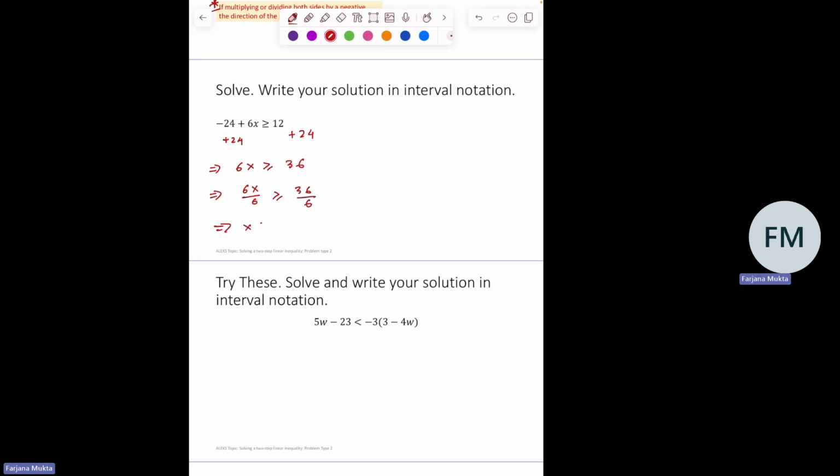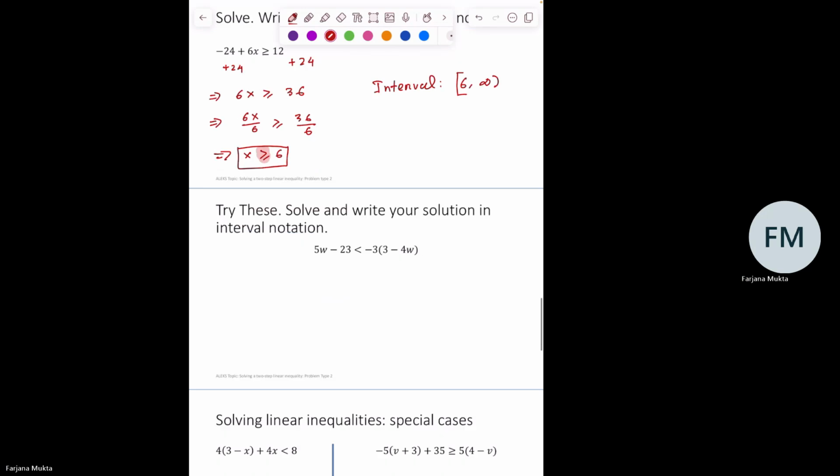We'll have x greater than or equal to 6 as the solution. In terms of interval, x is all the values greater than or equal to 6. So from 6 to infinity, and a bracket with the 6.